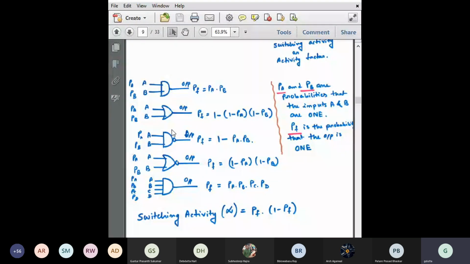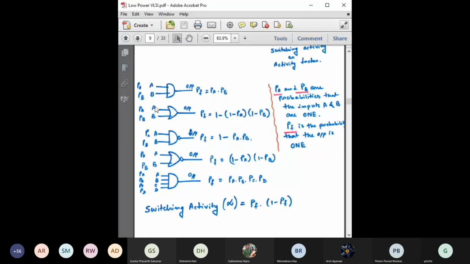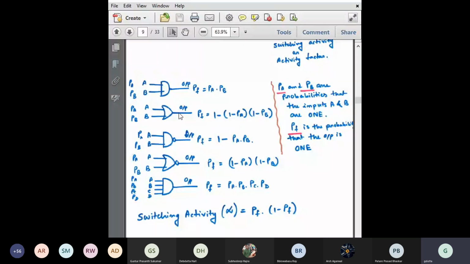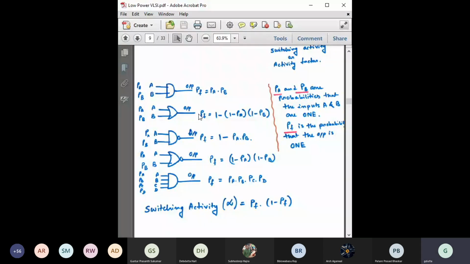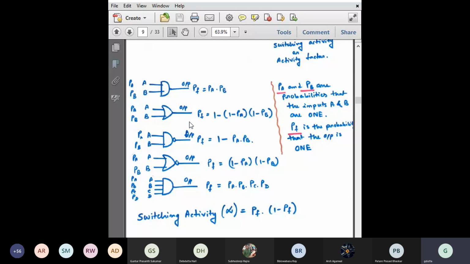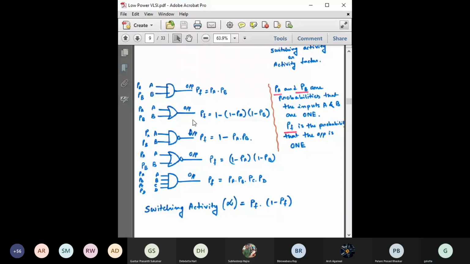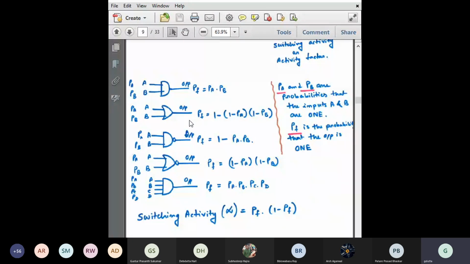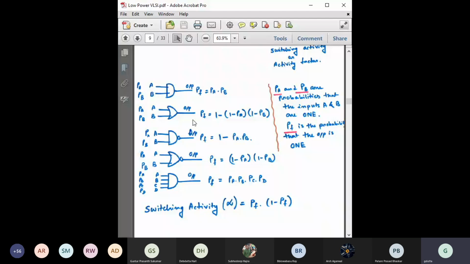Now let us come to the OR gate. For an OR gate, the output is 1 when at least one of the inputs is 1. Or, when both the inputs are 0, the output would be 0, which has probability 1 minus PA into 1 minus PB.